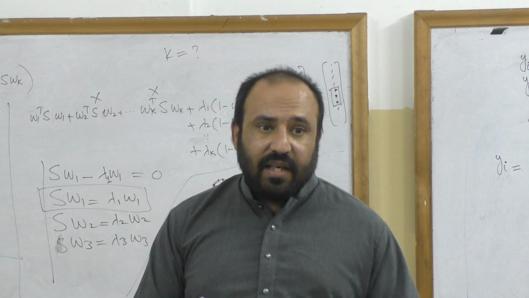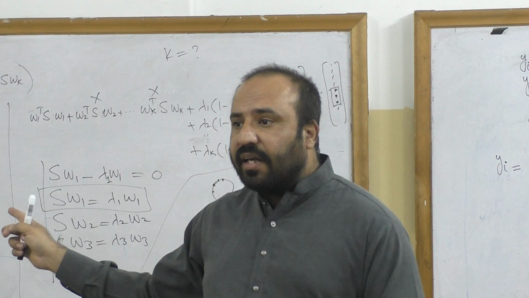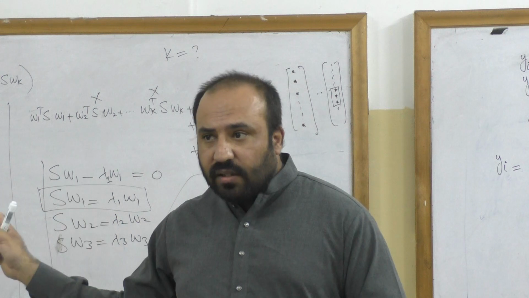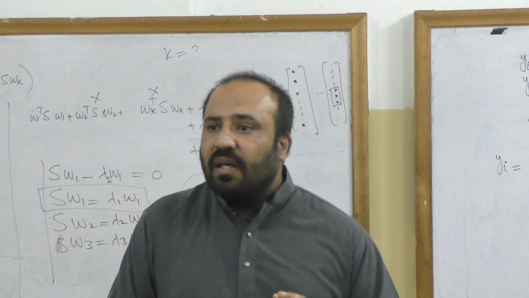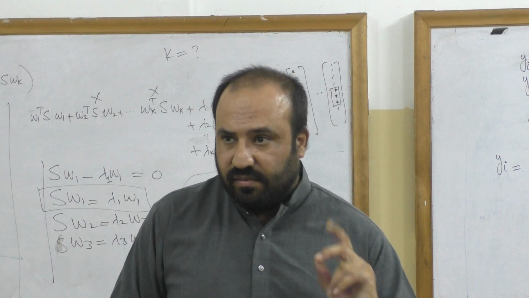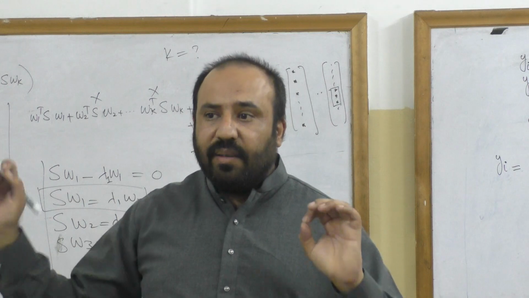You can even have complex eigenvalues for a matrix with real entries. In this particular case, because the matrix is symmetric, and that's a theorem, all the eigenvalues are real, number one. This matrix is not just symmetric, it is a positive semi-definite matrix.